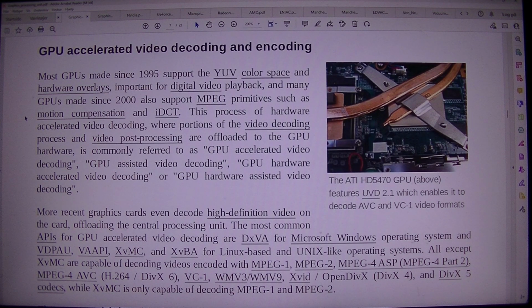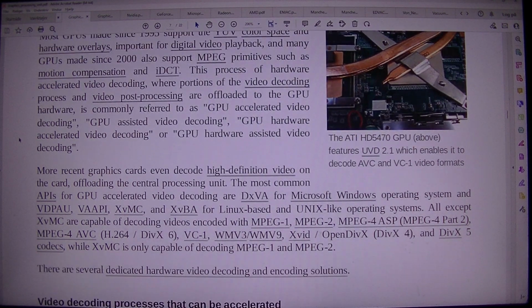This process of hardware-accelerated video decoding, where portions of the video decoding process and video post-processing are offloaded to the GPU hardware, is commonly referred to as GPU accelerated video decoding, GPU assisted video decoding, GPU hardware-accelerated video decoding, or GPU hardware-assisted video decoding.